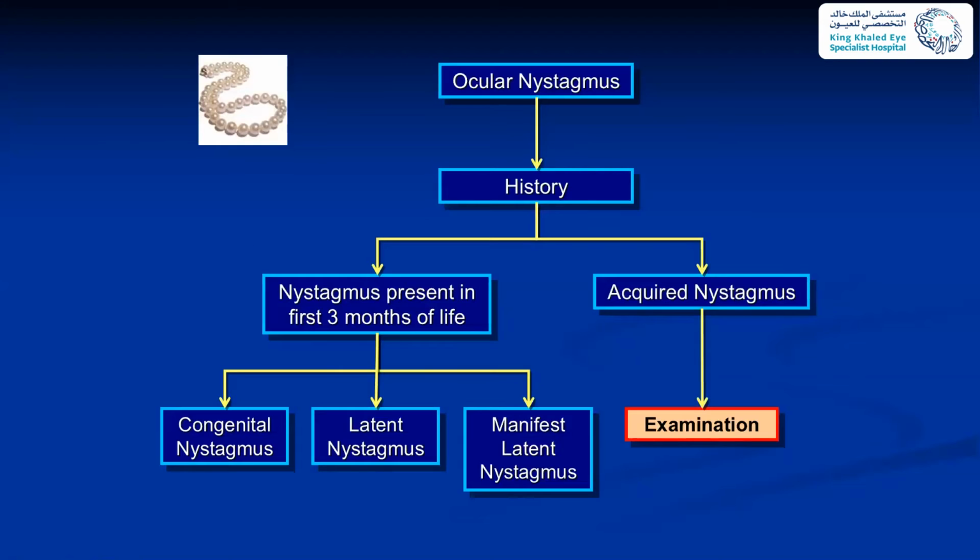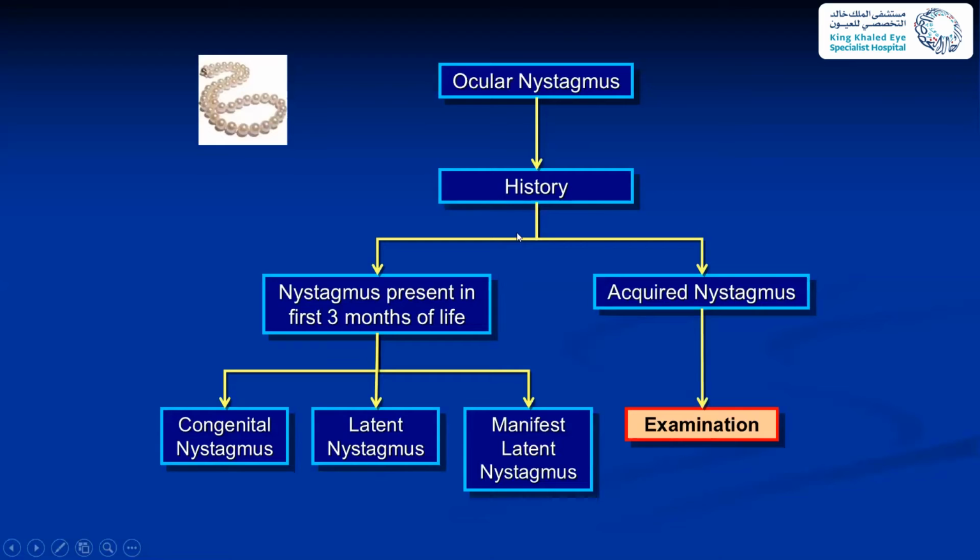nystagmus, or nystagmus present in the first 3 months of life, and we want to know what type of nystagmus it is. Here we have 3 types of nystagmus we will discuss: congenital nystagmus, latent nystagmus, or manifest latent nystagmus.